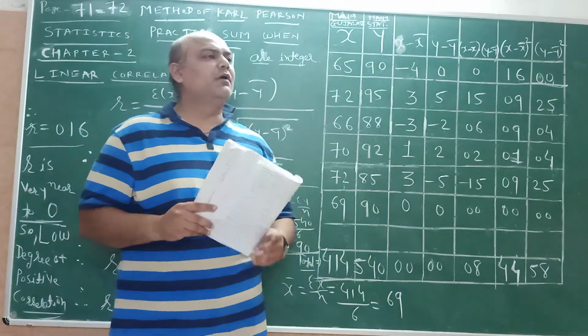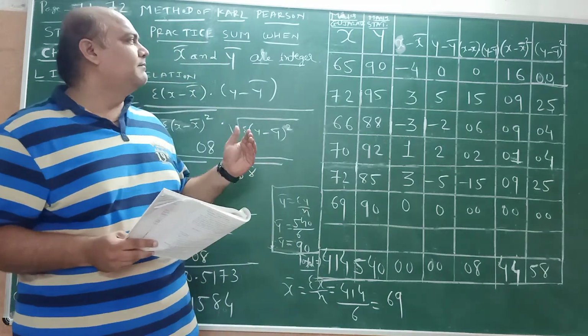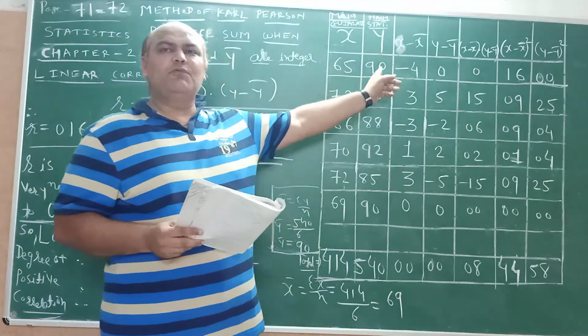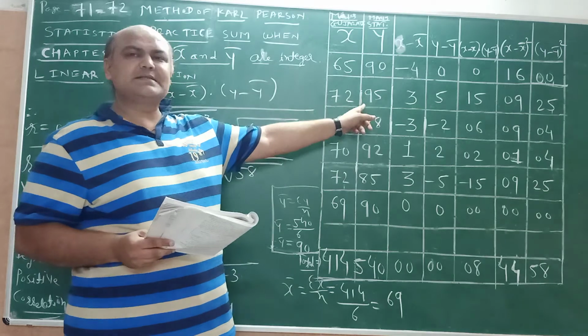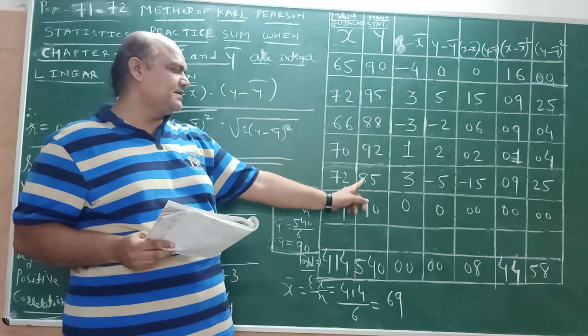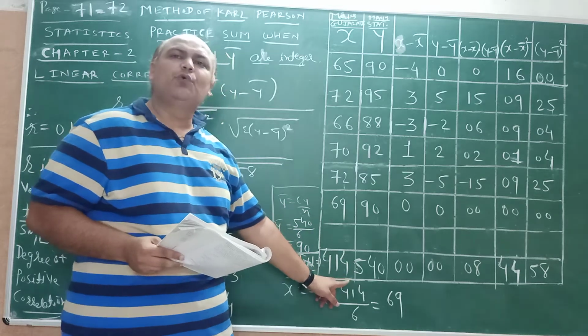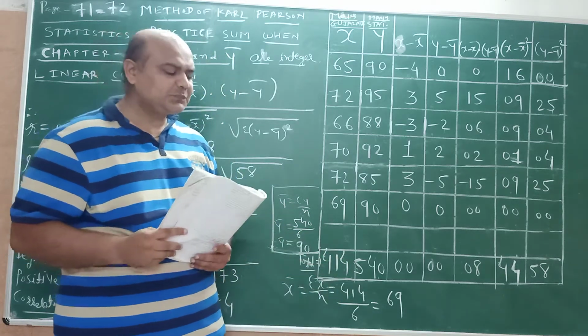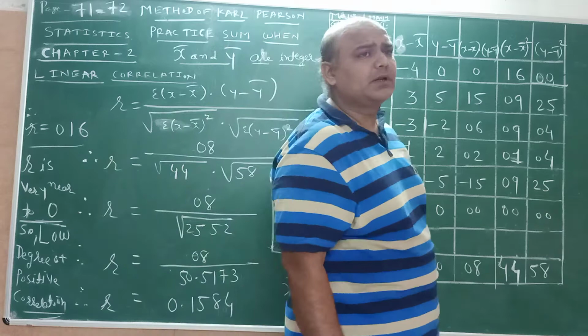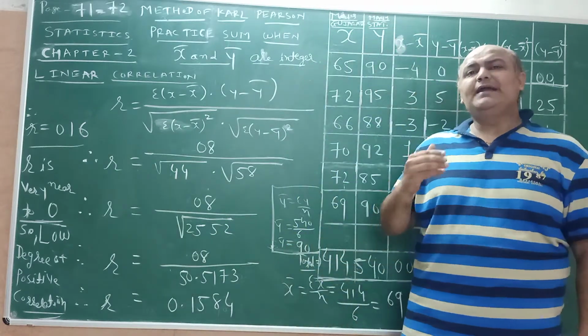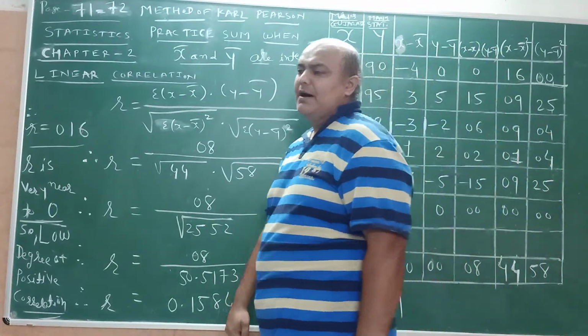Now the total of the statistics column, column of Y, 90 plus 95 plus 88 plus 92 plus 85 plus 90, is 540.